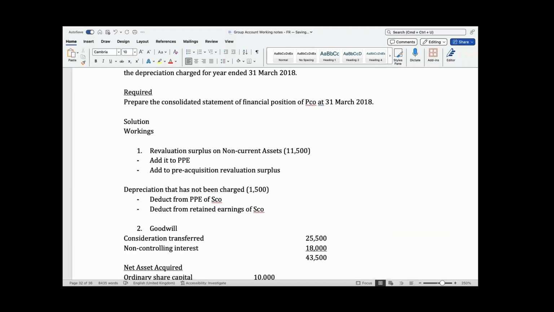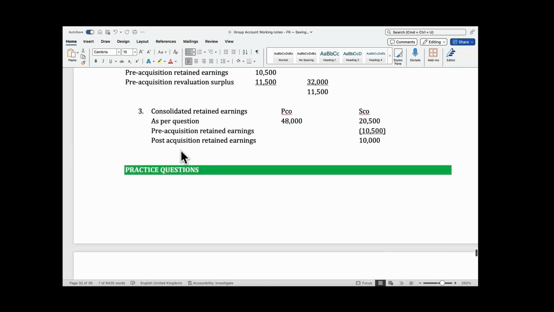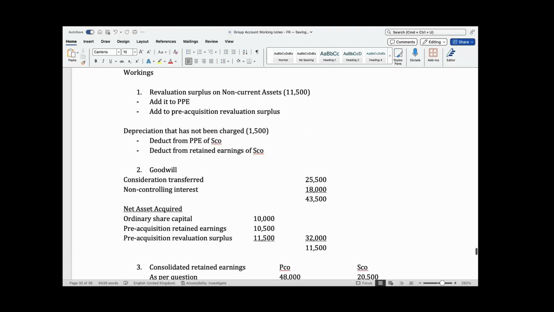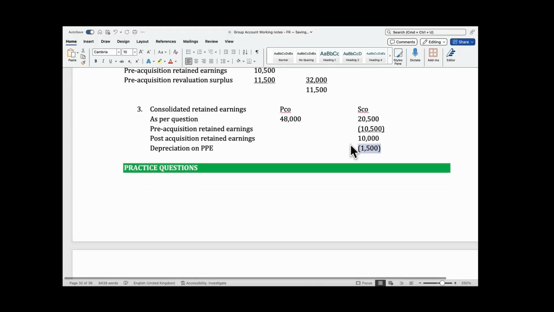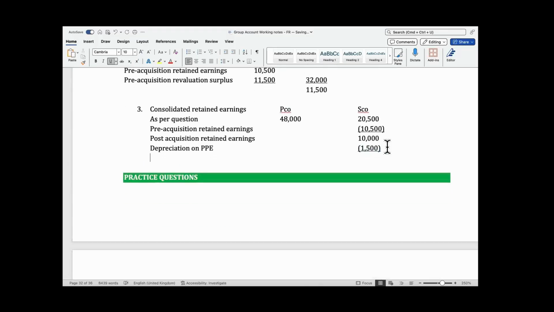Then deduct depreciation. It's 1.5 now. Yes, 1.5. What's the balance? 8,500.